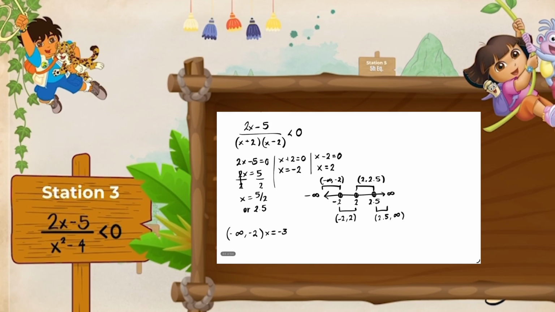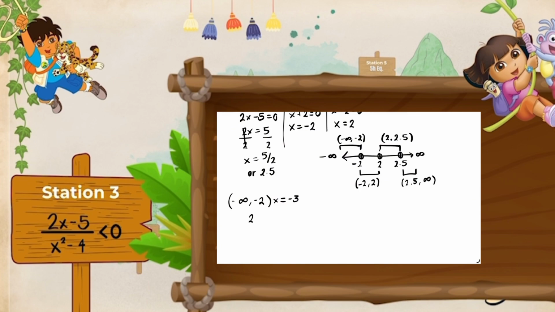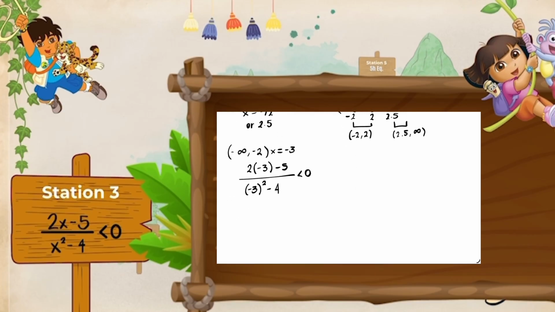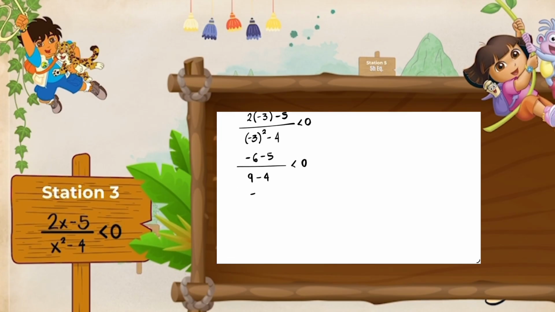So let's change the x in the equation to -3: (2 times -3 - 5)/((-3)² - 4) < 0. 2 times -3 is -6, minus 5. (-3)² is 9, minus 4. -6 minus 5 is -11 over 9 minus 4 is 5.